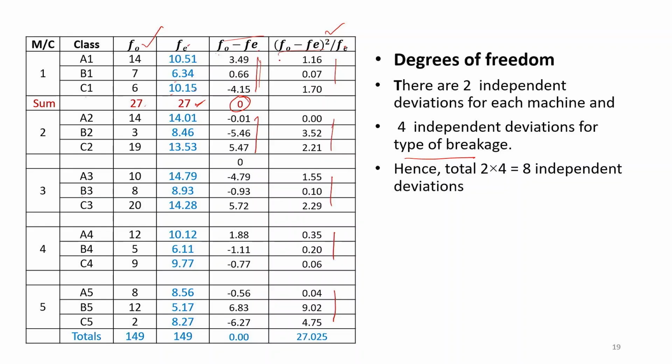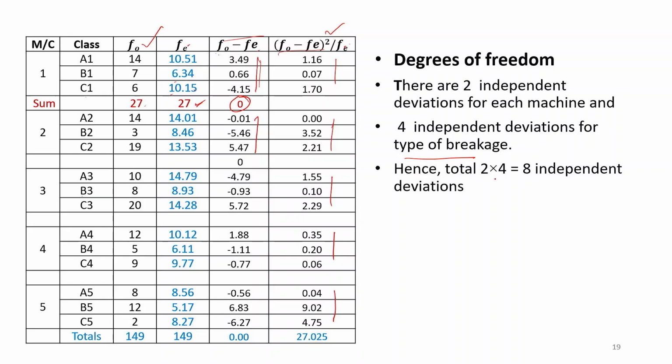However, f0 minus fe divided by root fe, that is the z variable. That's why now, in order to find the chi-square value, we are going for the square divided by the expected frequency. Whatever we have done in the previous case, exactly the same thing we are doing. There is no difference.